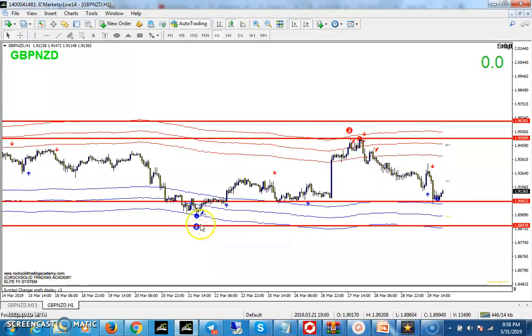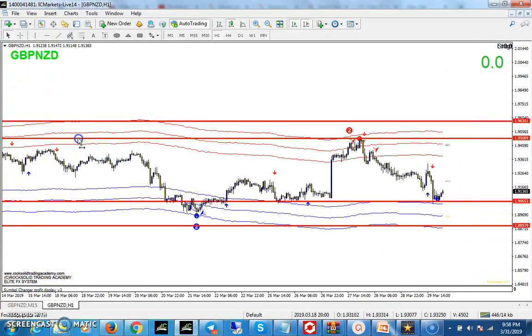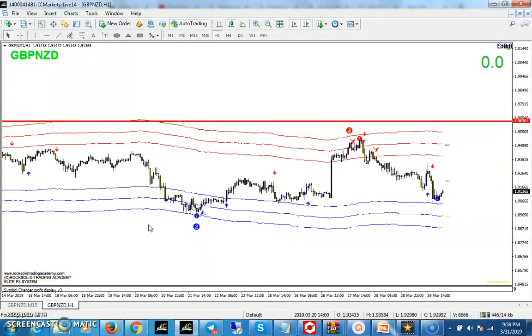Ball 1, ball 2, trigger arrow enters, and I will TP around here. So that's the simple strategy. Then you can combine the strategy with price action, but basically with just this simple methodology, you're already profitable. That's how good this system is.